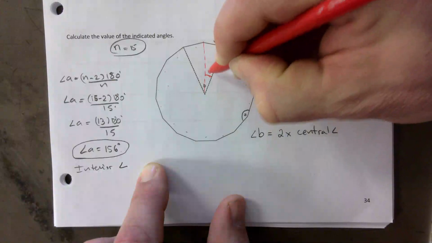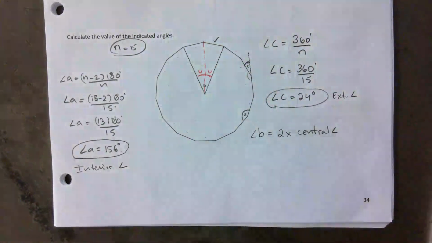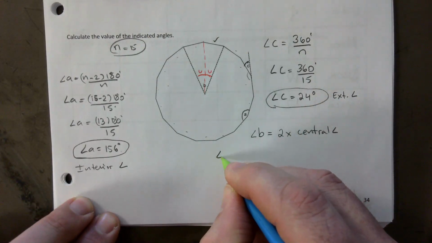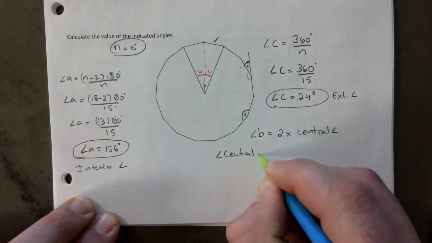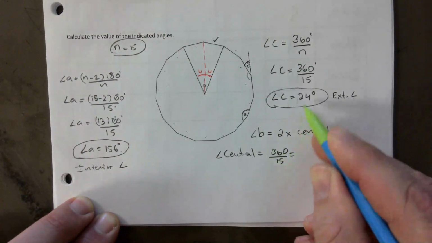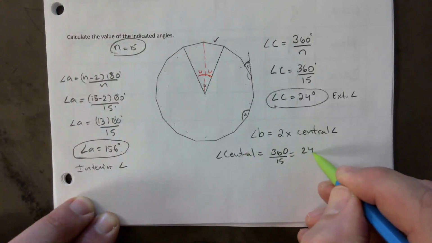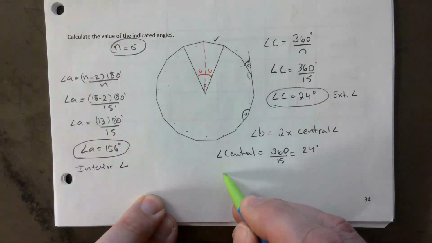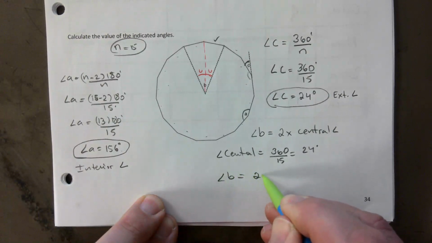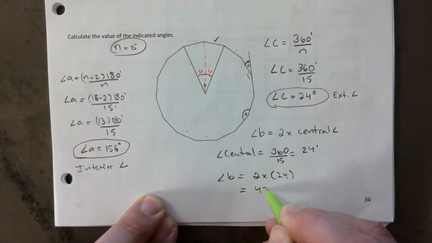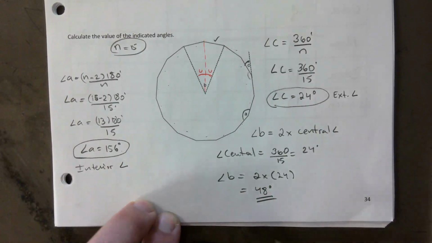So there's a central there and there's a central there. 2 central angles. So I will first find a central angle, so that's just 360 divided by 15, and we know that exterior and central are the same when they're, what's the word I'm going to use? When they're regular, then they're the same. So now we're going to go angle B is 2 times 24. So that's 48 degrees. There you go, angle B.